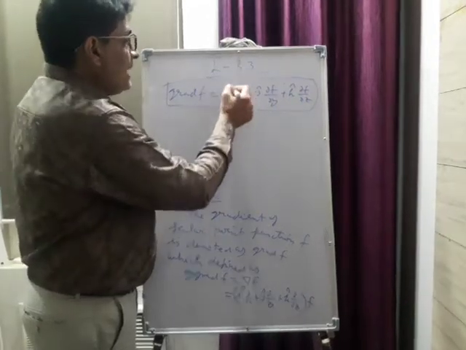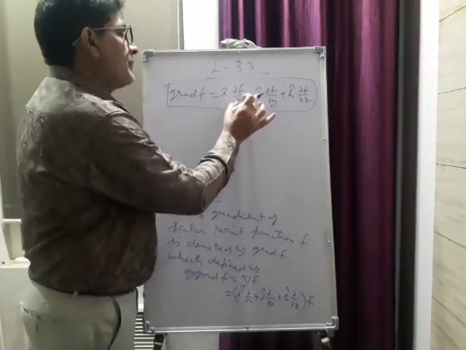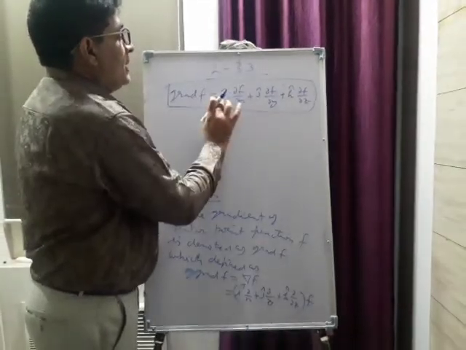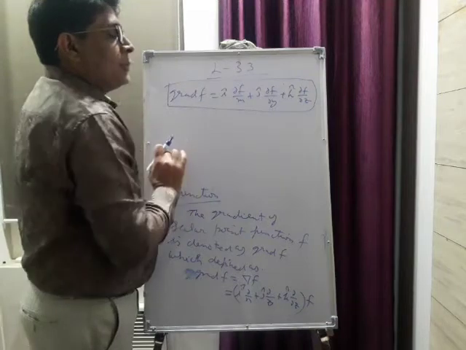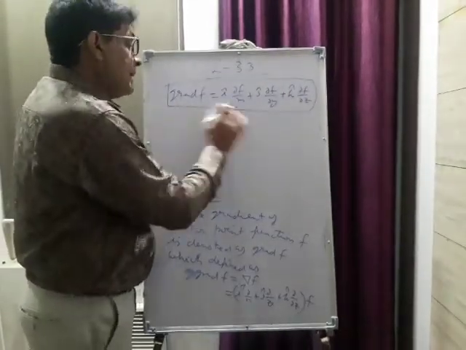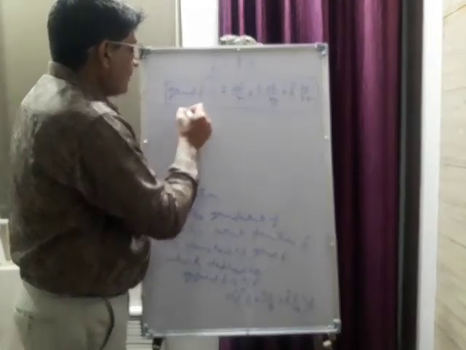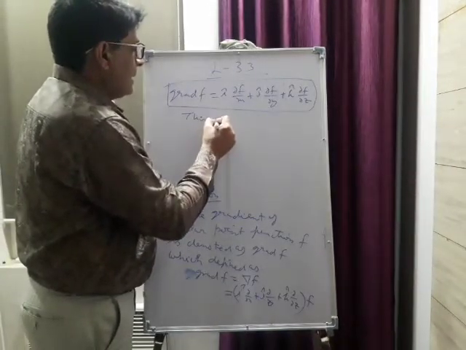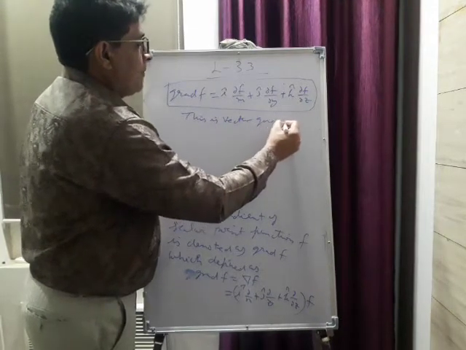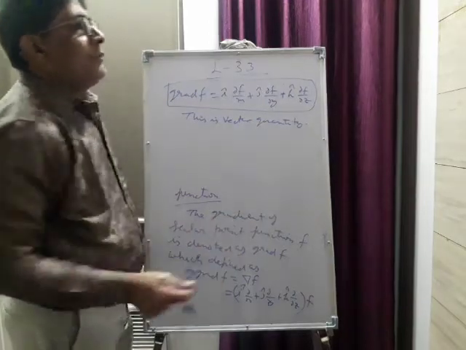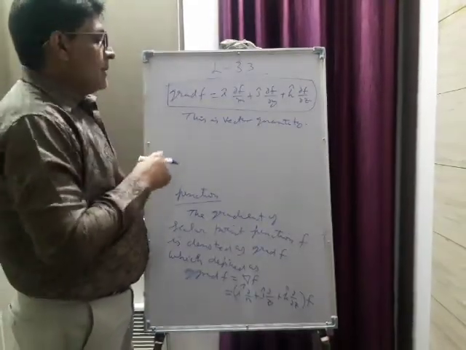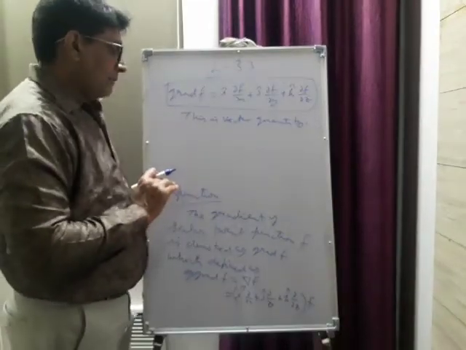These are the magnitudes, and in the direction of i unit vector, j unit vector, k unit vector. So gradient f is a vector quantity. The gradient of any scalar point function is always a vector quantity.